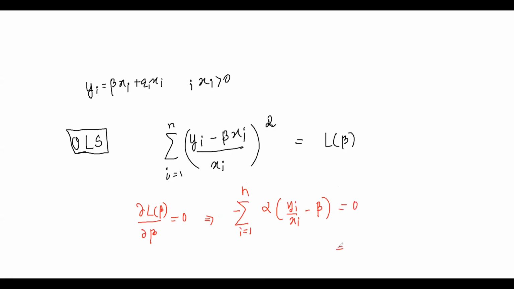So beta hat is equal to the summation of yi by xi, over i from 1 to n, divided by n.